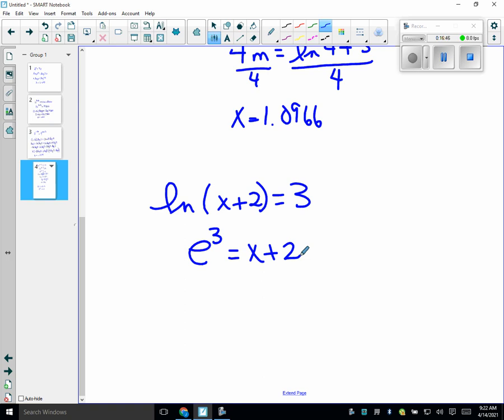How would I solve for x? Subtract 2. e cubed minus 2. Right? And what is x? 18.085. Right. You okay with that?